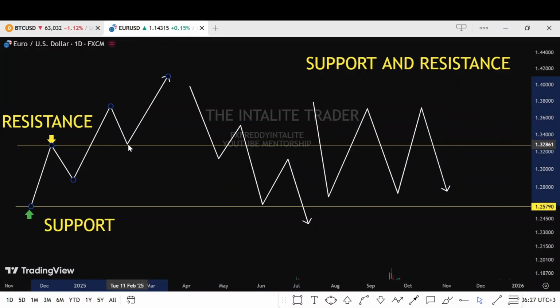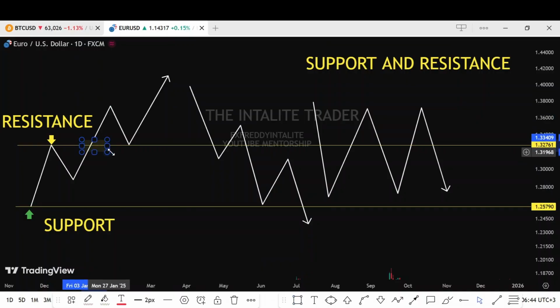So the same thing applies when price breaks above this resistance to give us a higher high, because we have a strong breakout here.